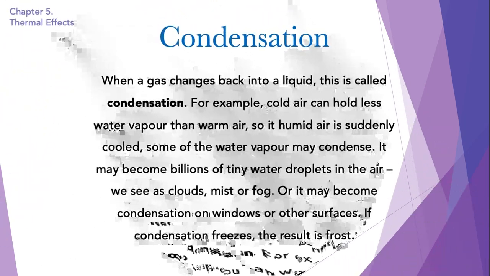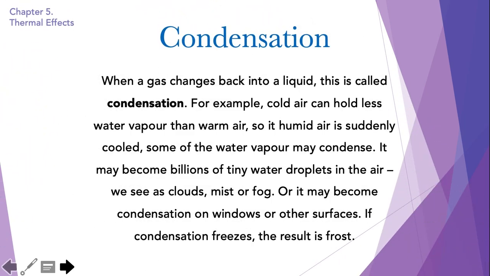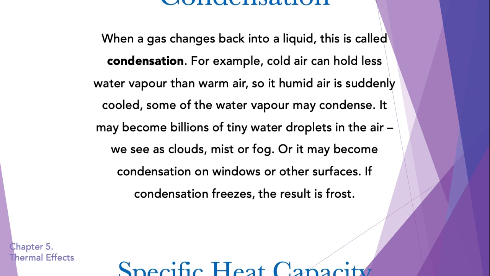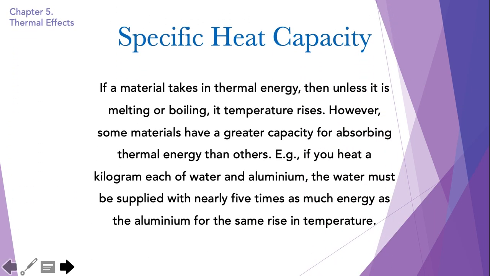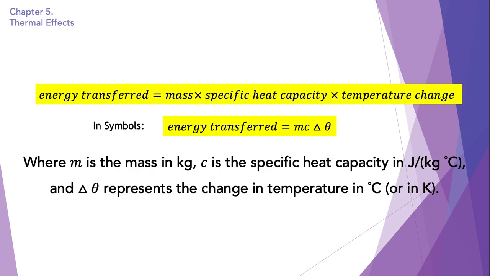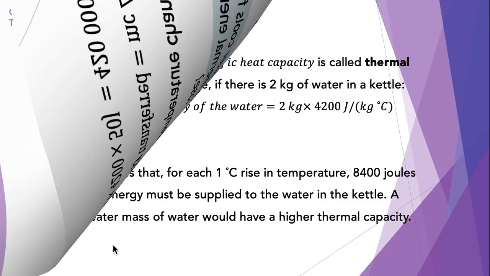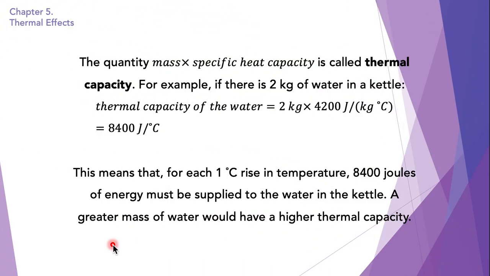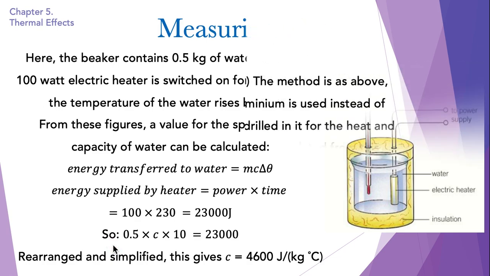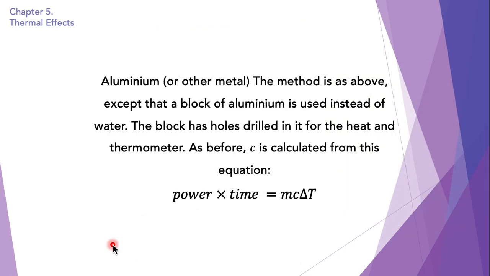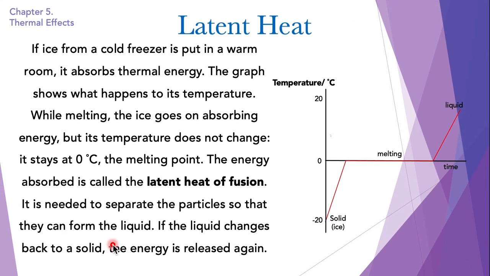After this, we understood condensation. And after this, we understood specific heat capacity. We understood the equation of specific heat capacity, and we did a question related to it. We understood how we can measure specific heat capacity. And then we understood latent heat.